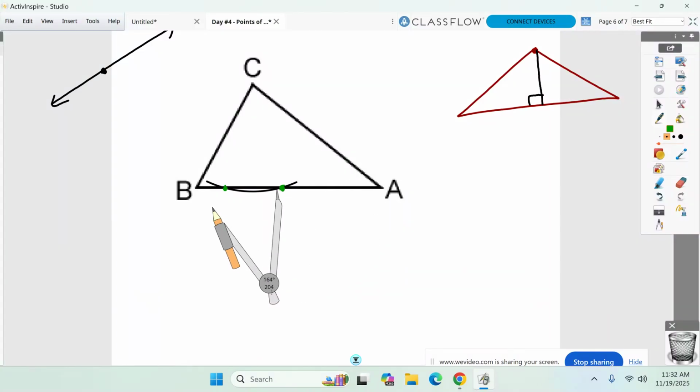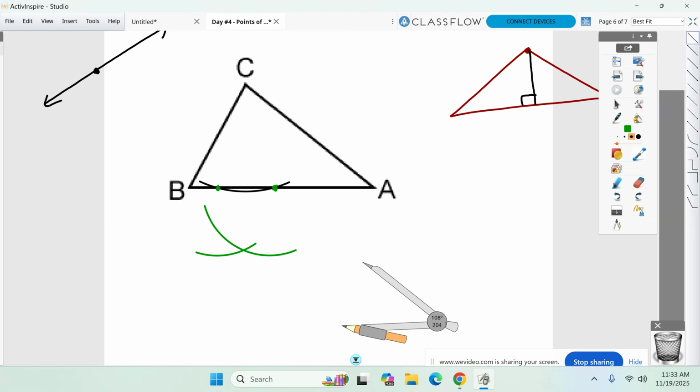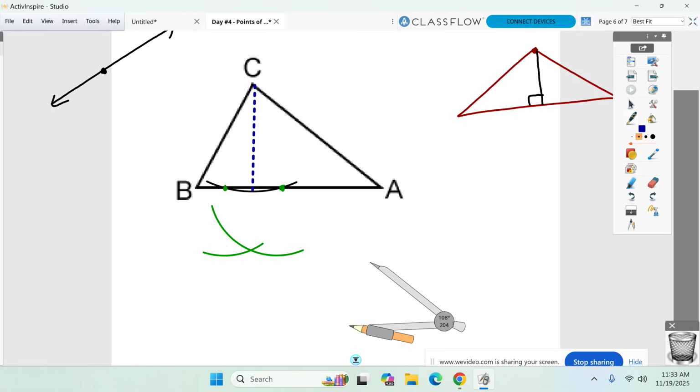And those last 2 arcs have to be the same opening of your compass. And then you can draw your altitude in. If you want to put a right angle symbol with it, you can.